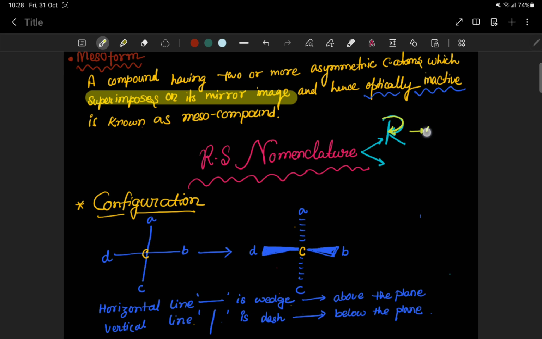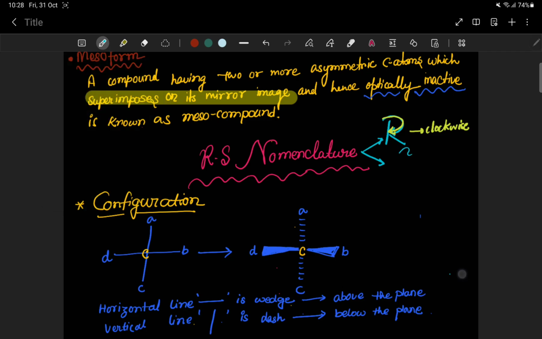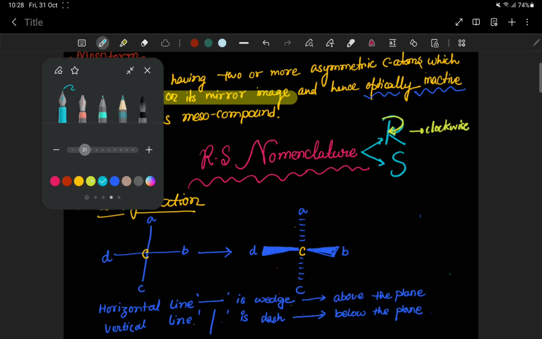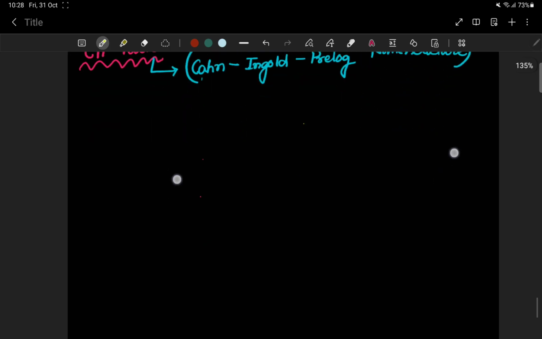And this is our R. This is clockwise. And once I explain what is S, this is our S. We are writing it in anti-clockwise. That means the arrow comes over here, that means it is anti-clockwise. I just want to give a brief description, that's why. Okay, so next point.